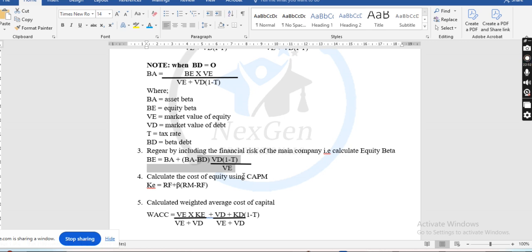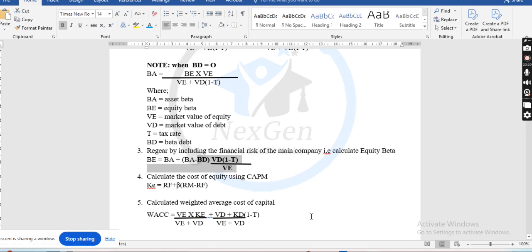The business risk here is your BA, plus open bracket. Then you add the financial risk of the main company, starting from BD: beta debt of the main company, value of debt of the main company, divided by VE, market value of equity, and the tax rate of the main company.